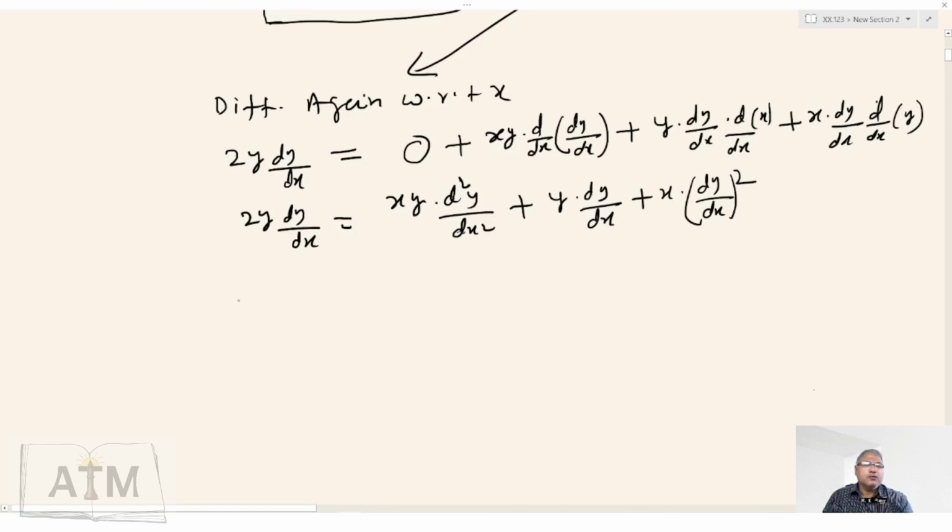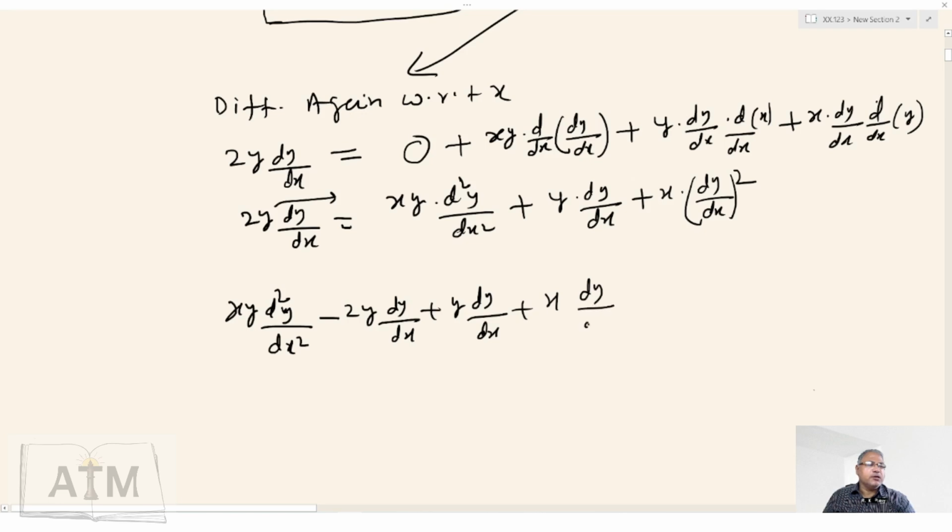So we get xy d²y/dx². This is taken to the right side. So minus 2y dy/dx plus y dy/dx plus x (dy/dx)² equals 0.